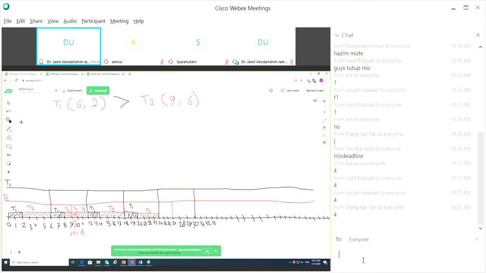Then task 1 will preempt task 2 for 2 units. Then we can do task 2, 1 unit. Then we continue.